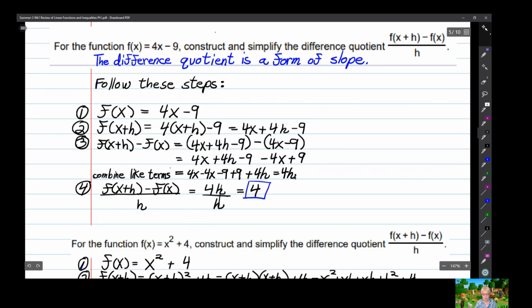Now I have found f of x plus h minus f of x, it's 4h. But the last step, step 4, is to divide by h. See, I'm finding everything in steps, so it's not all confusing if you go in steps.